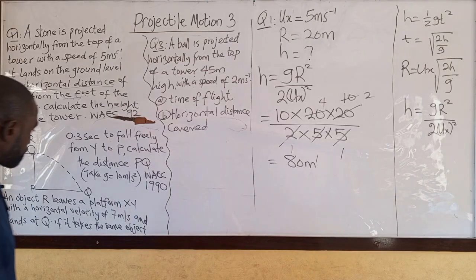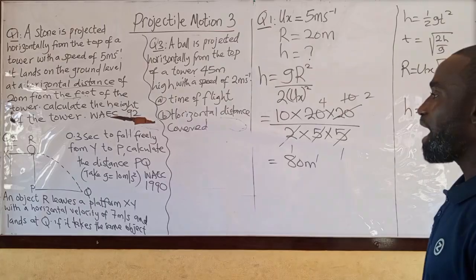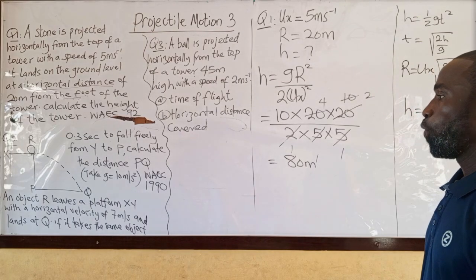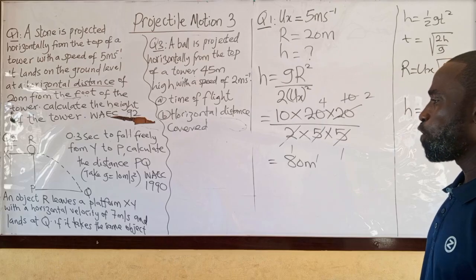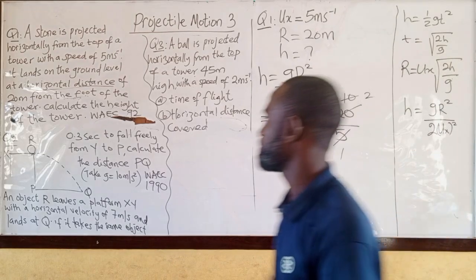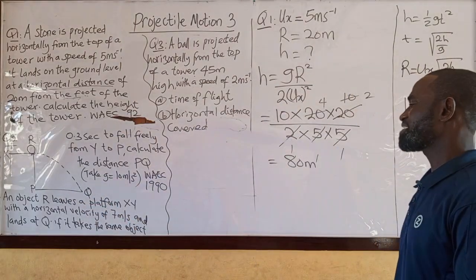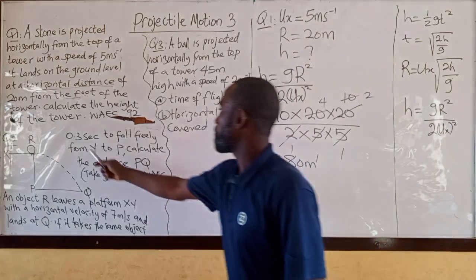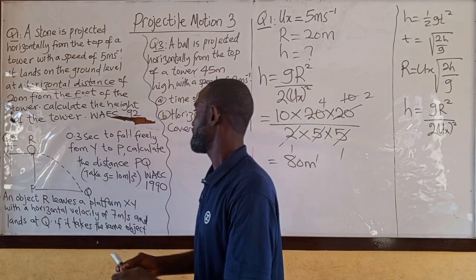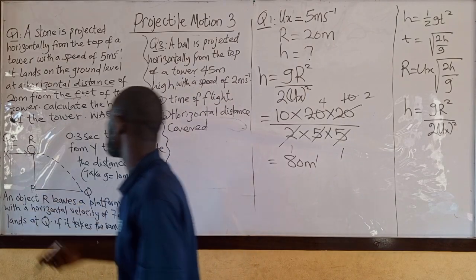Look at this question. Now it says an object R leaves a platform XY with horizontal velocity of 7 meters per second and lands at Q, from here, lands here. If it takes the same object 0.3 seconds to fall freely from Y to P, Y is here, Y to P. Are you with me?